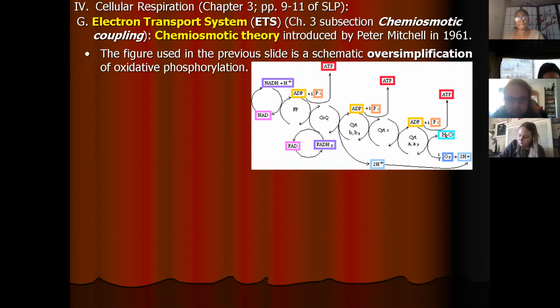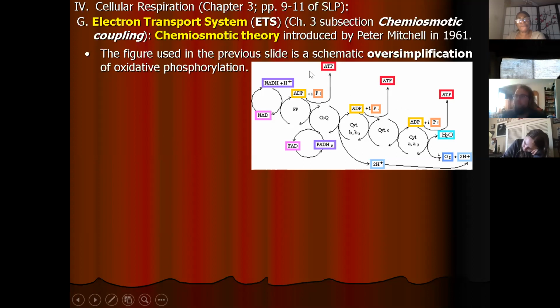The chemiosmotic theory is a more accurate and precise explanation of the third step, ETS, the electron transport system. The chemiosmotic theory is a more precise and accurate description of the electron transport system.